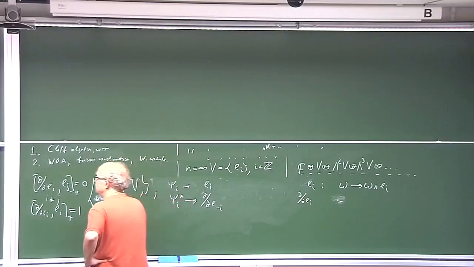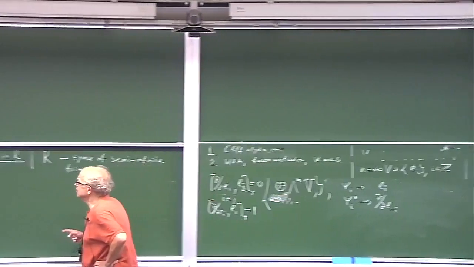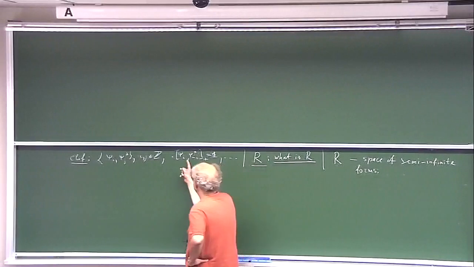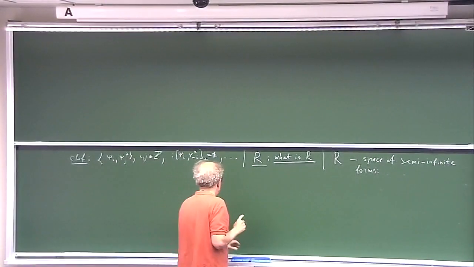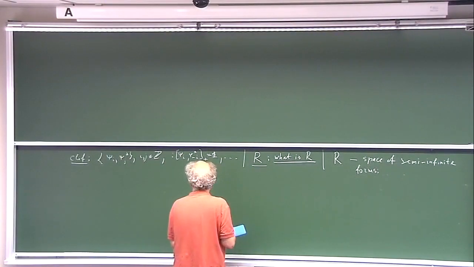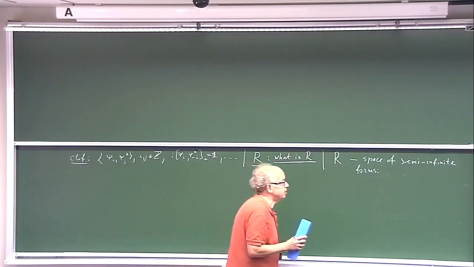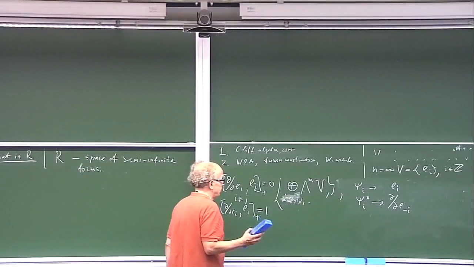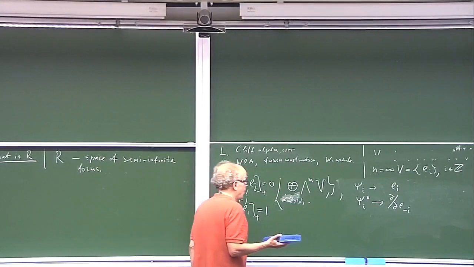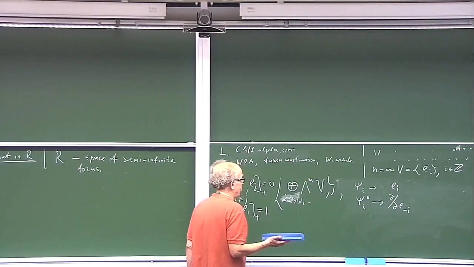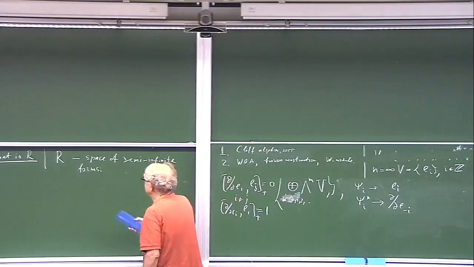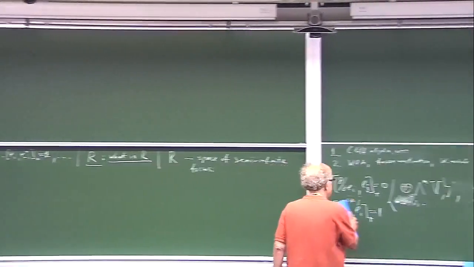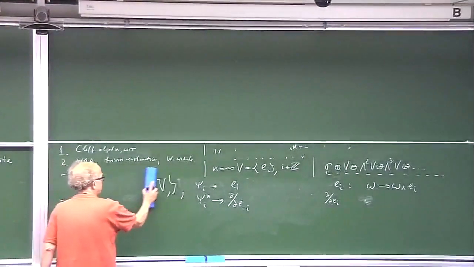If we do this, as a result we get such relations. Right now it means that we have at least one representation of my Clifford algebra, but it is not R. R will appear a little bit later.